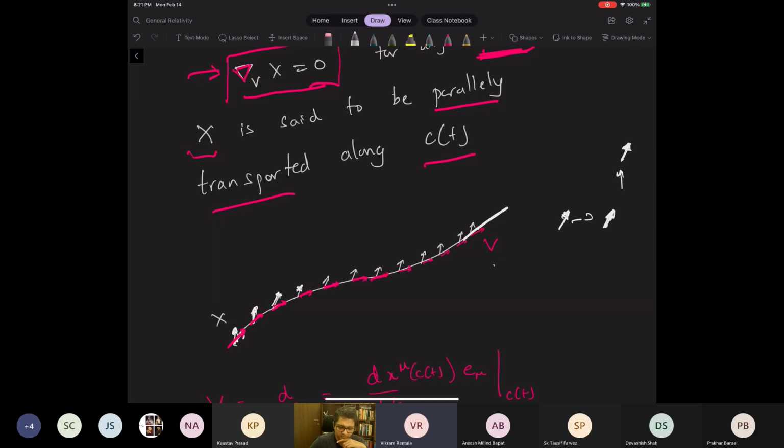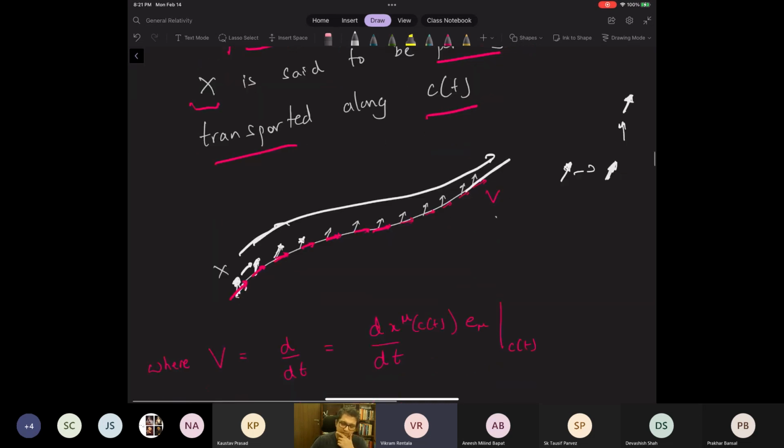What we're saying is that when I take the derivative of x along the curve, it is just 0. Another way of saying it is x is not changing as I move along the curve. It is neither increasing nor decreasing, it just stays the same. It is parallel to itself.